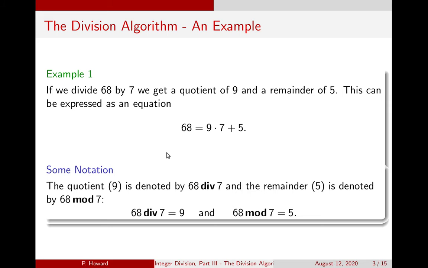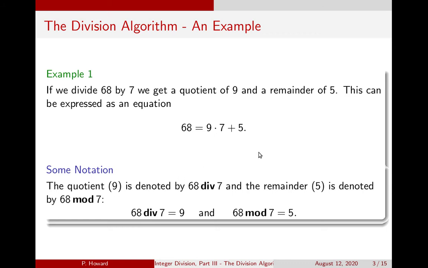Some notation that we're going to introduce. Hopefully it will make some things easier. The quotient, when you divide 68 by 7, is denoted 68 div 7. That's 9 in this problem.